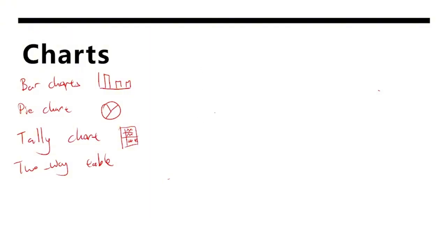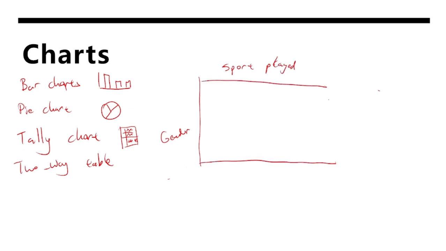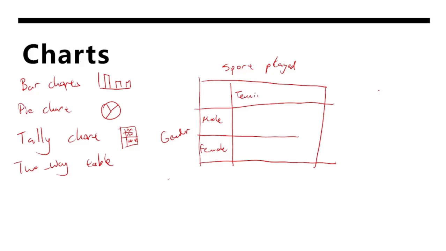So for example, we have gender and sport played. And we have male, female, tennis, badminton, let's say.